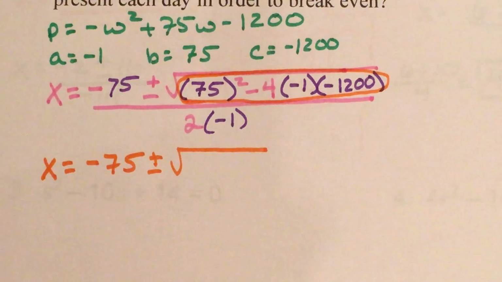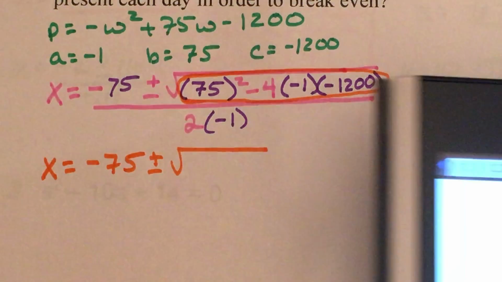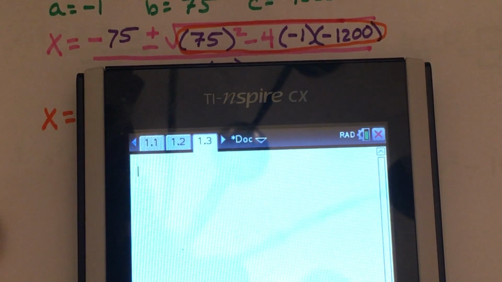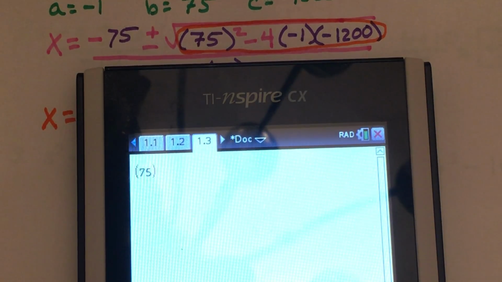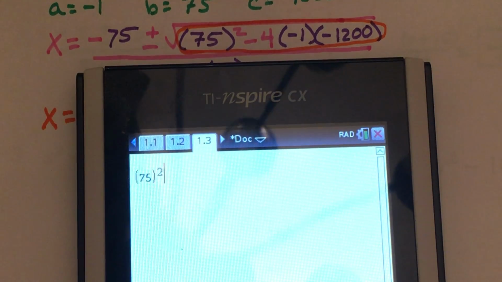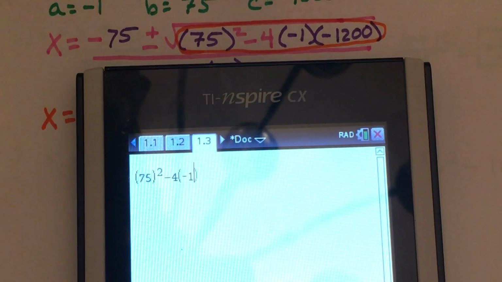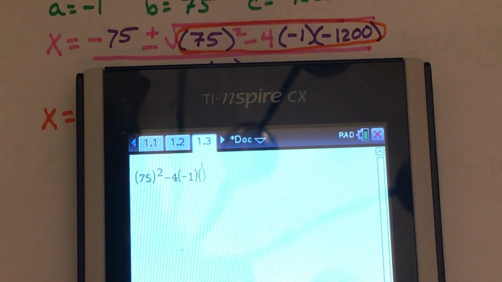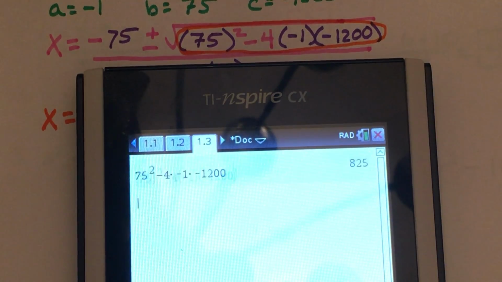Okay, calculator, have you turned it on? Let's go see. So typing this in, we're going to type in parentheses 75, close parentheses, squared, minus 4, parentheses, negative 1, close parentheses, open parentheses, negative 1,200, push enter.